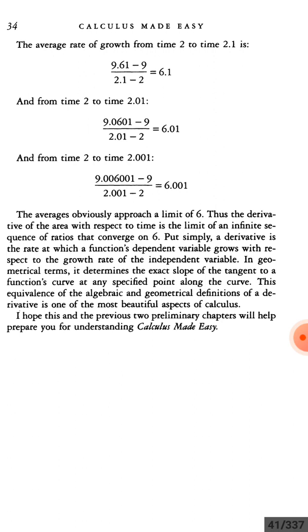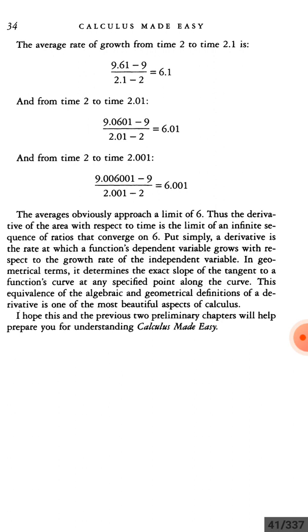The average rate of growth from time 2 to time 2.1 is 9.61 minus 9 over 2.1 minus 2, equal to 6.1. From time 2 to time 2.01, 9.0601 minus 9 divided by 2.01 minus 2 is equal to 6.01.